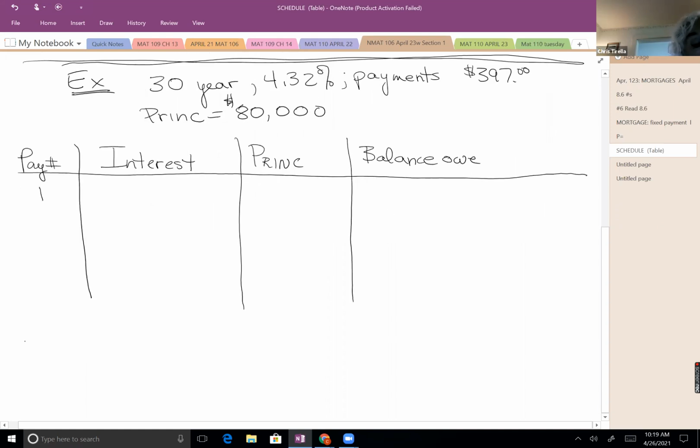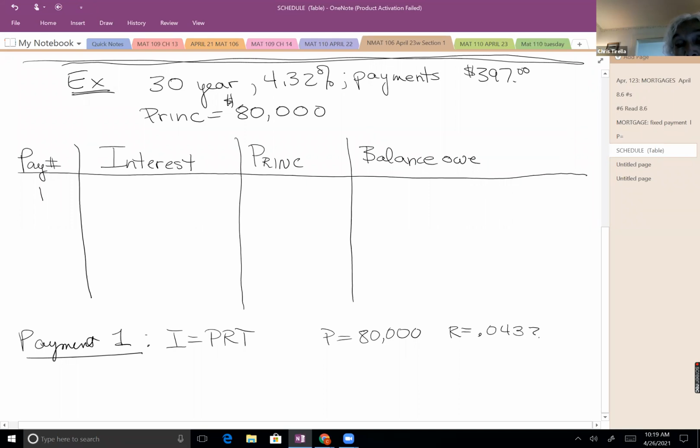For payment 1, if we use that simple interest formula, here our principal is the $80,000 because we still owe the whole thing. For each of these, our rate will be 0.0432, and for each of these, our time will be 1/12.